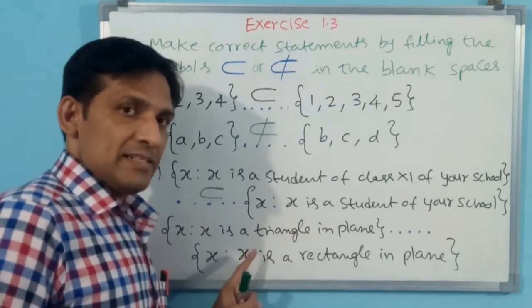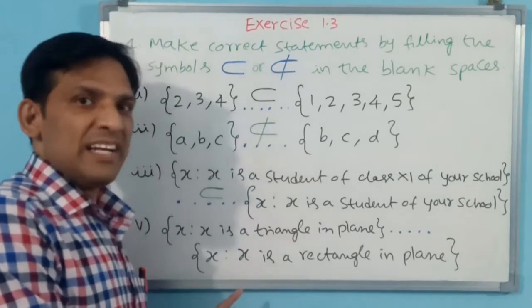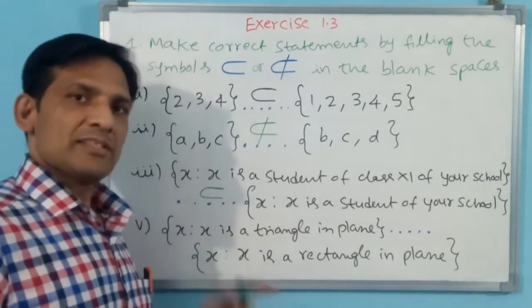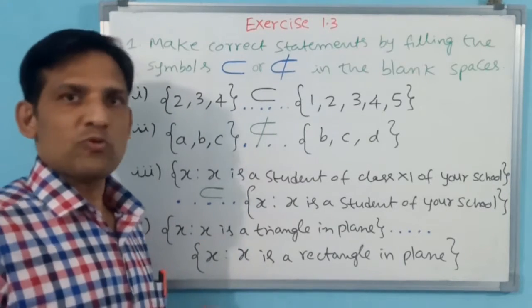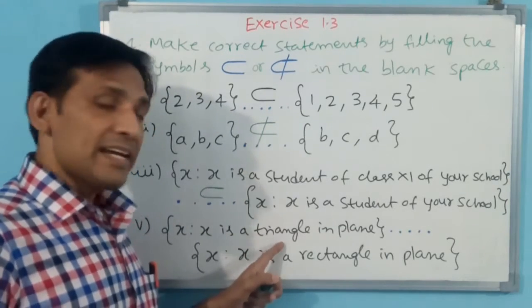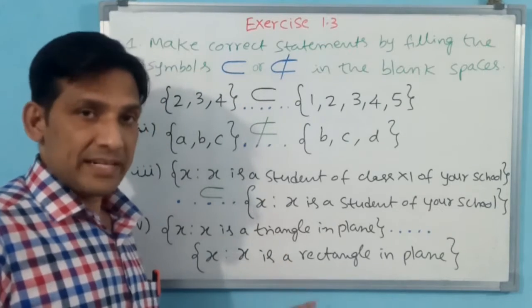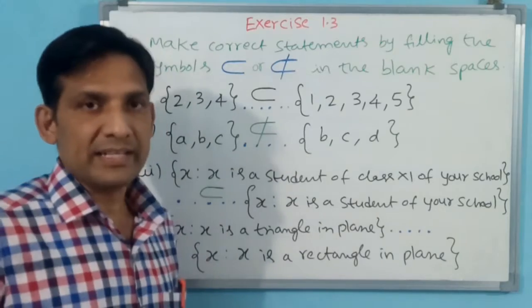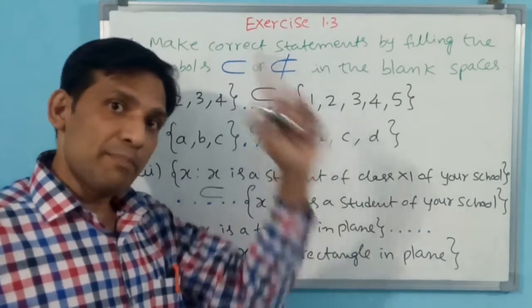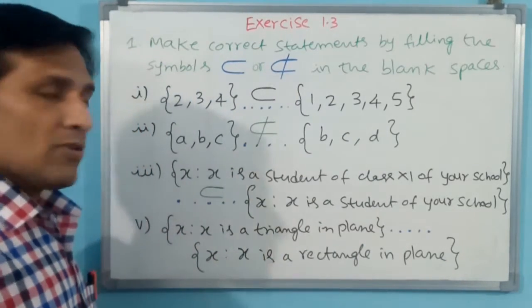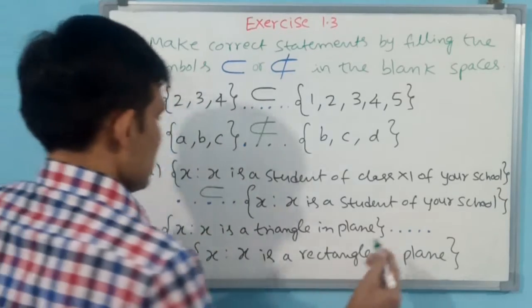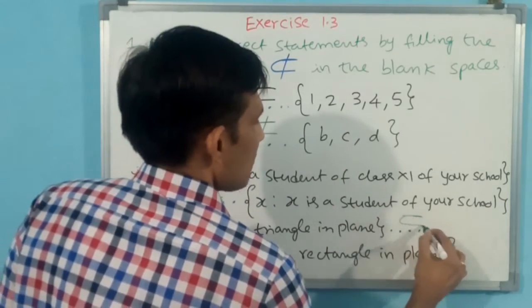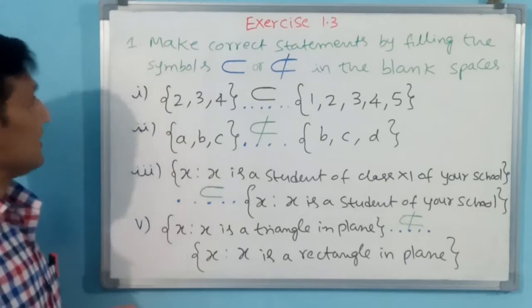If you compare with polygons, then triangle will be the subset and polygons will be the superset. But we are not able to compare triangle with rectangle. Rectangle is different, triangle is different. Triangle will not come under rectangle, but all will come under polygons. So this is not a subset. Not a subset means this is the symbol we have to write.